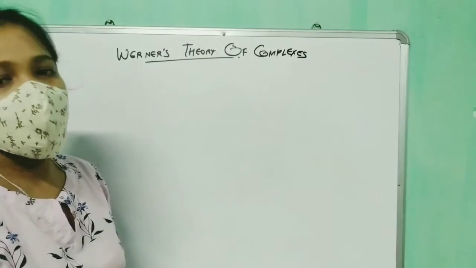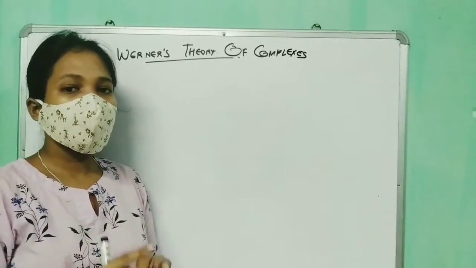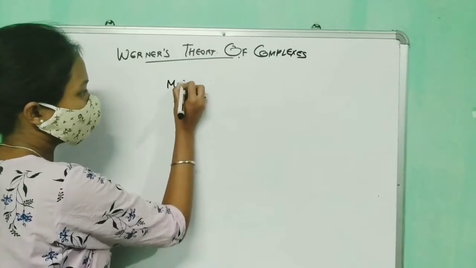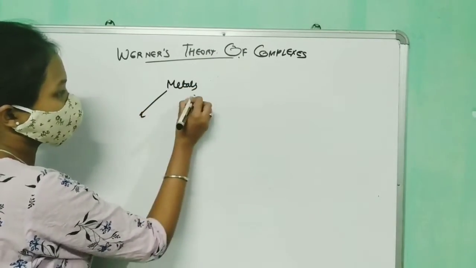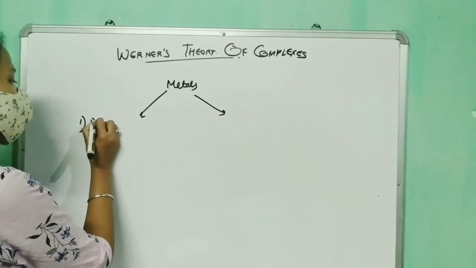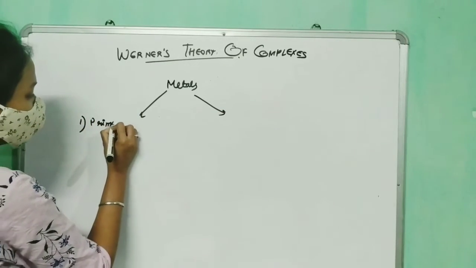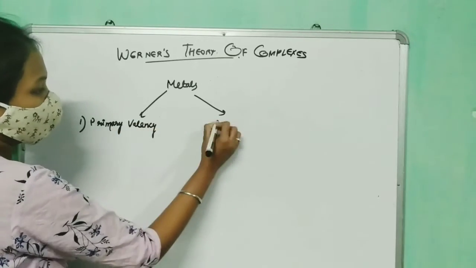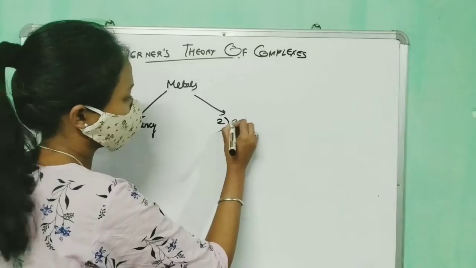Before that, in coordination compounds we basically deal with metals and ligands. The metals have two types of valencies. One is your primary valency, and the other one is your secondary valency.